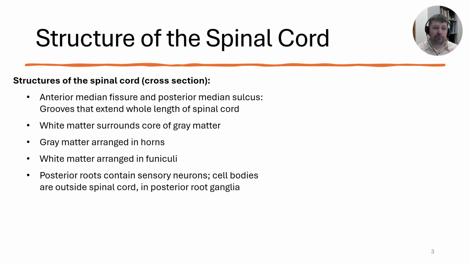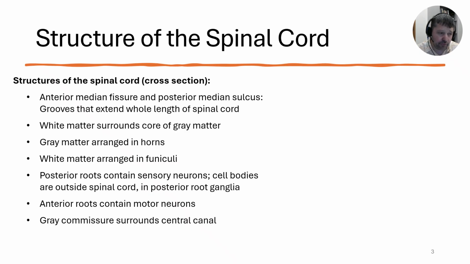Away from the spinal cord, we have the posterior root ganglion, outside of the spinal cord, where you can also find cell bodies. This plays an important role when we talk about reflex arcs, because now you can get some control that doesn't need to be sent to the brain, that can just be controlled within that region. And we'll talk about different ways that works.